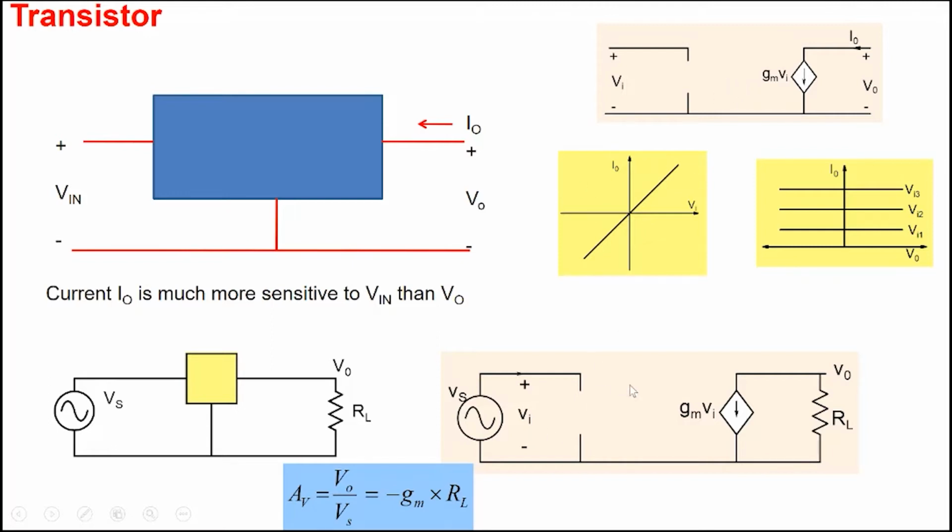So you get this particular circuit, and it's easy to see that the voltage gain, the ratio of output voltage to input signal voltage, is minus GM RL. And if you choose RL properly, you'll get a value which is greater than 1, and you'll get voltage gain. And not only voltage gain, you get power gain also, because the input does not draw any power from the signal source, while at the output, of course, power is delivered to RL. So there's a power gain also.